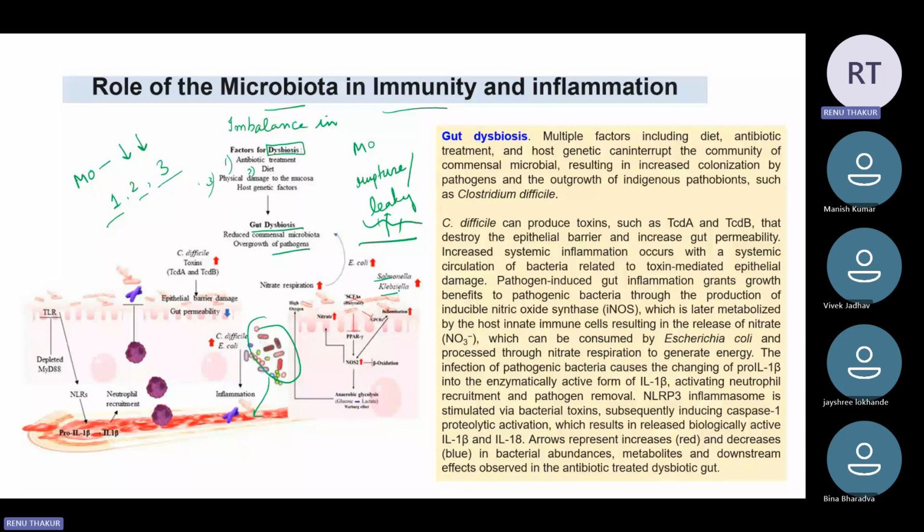So both these pathogens will do what? They will not allow the short chain fatty acid production, that is butyrate. And if butyrate is not produced, then PPAR will not be activated, it will be inhibited. If it is inhibited, then it will increase the synthesis of nitric oxide synthase, and this will inhibit beta oxidation in the mitochondria, and there will be anaerobic glycolysis.